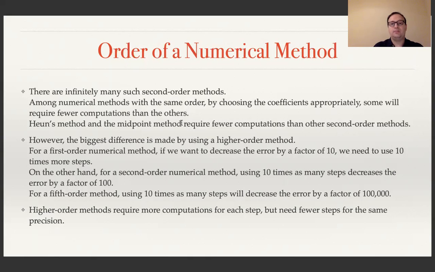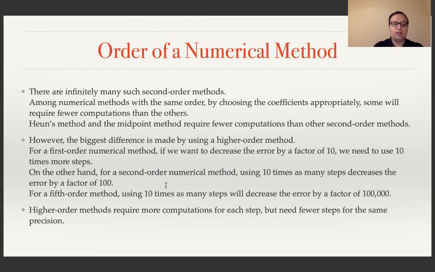However, the biggest improvement that we could make is by using a higher order method. For a first-order numerical method, if we want to decrease the error by a factor of 10, we have to use 10 times more steps. But for a fifth-order method, for example, using 10 times as many steps will decrease the error by a factor of 100,000, or at least the error bound by a factor of 100,000.